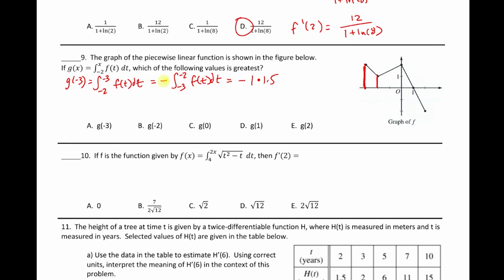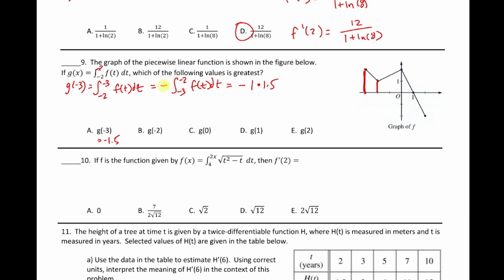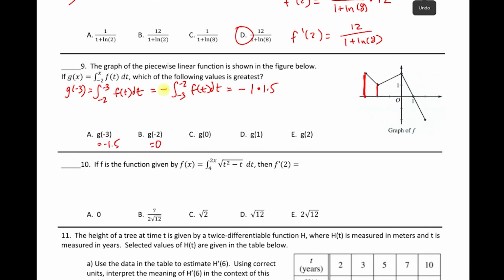So the area here is going to be negative 1.5. Okay, so let's take a look at g of negative 2. If I put negative 2 right up here, well, that's just going to be 0 because the upper and lower bound are going to be the same.